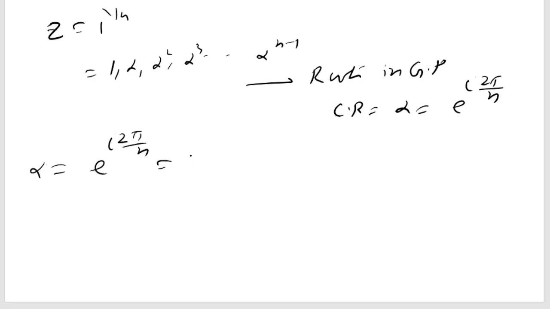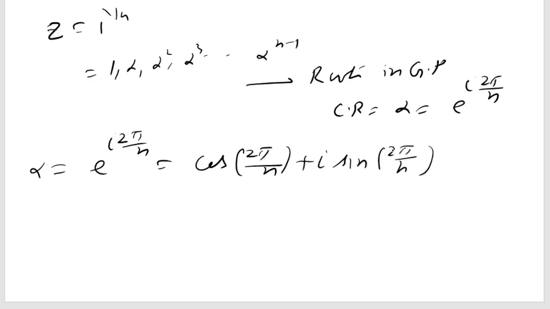At any stage you can convert into the trigonometric form, that is cos of 2 pi by n plus i sine 2 pi by n. So alpha square, alpha cube, we can easily find the corresponding values by converting into the trigonometric form.